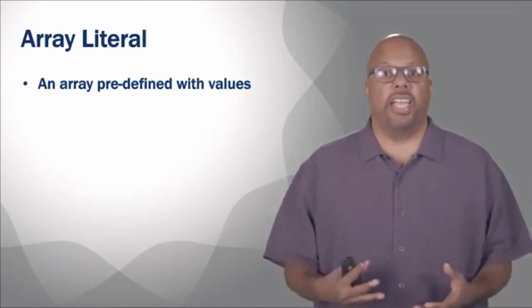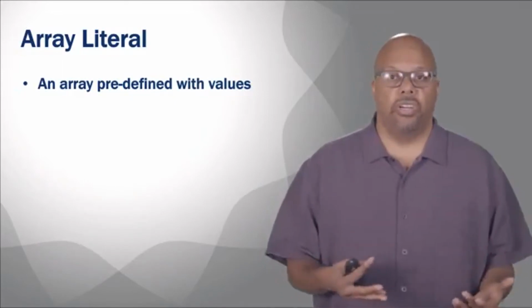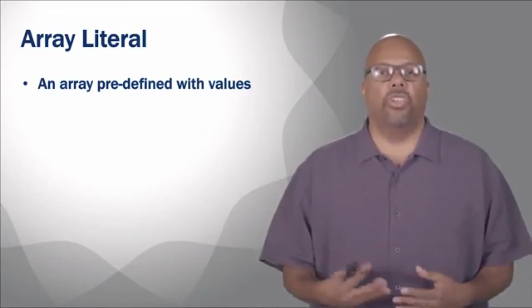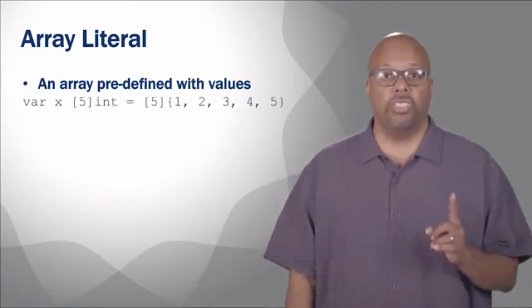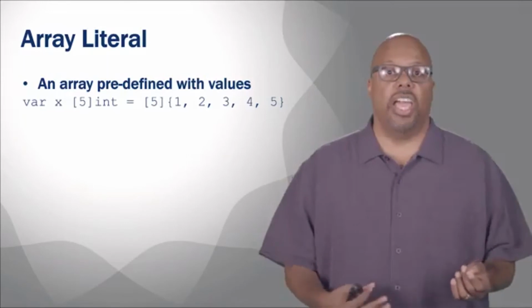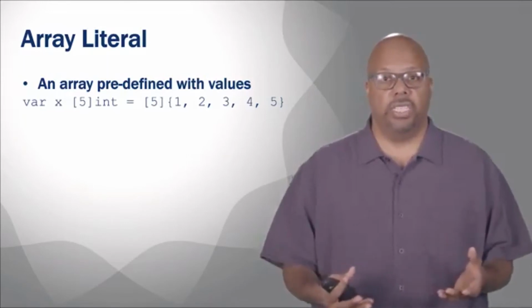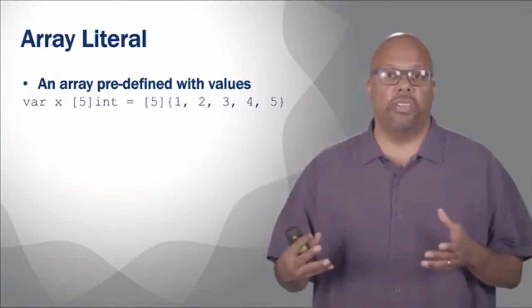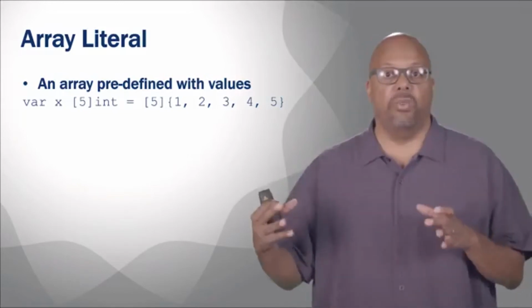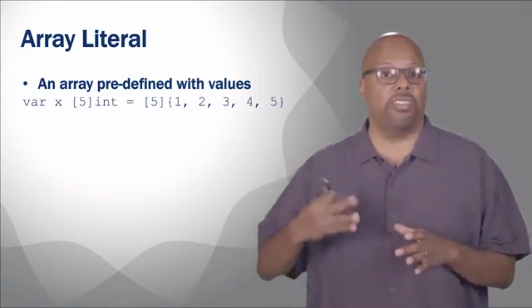An array literal is a predefined set of values that make up an array. So you use this to initialize arrays if you want to. For instance here, we say var x bracket 5 int. So it's an array of 5 integers. We say equals, and then bracket 5 int, and within the curly brackets there are actually 5 integers.